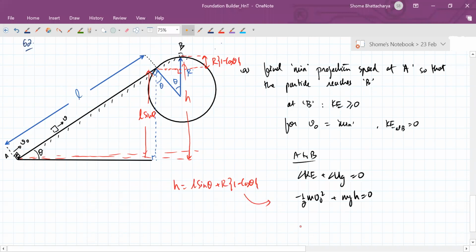So we substitute that here. So v naught should be equal to square root of 2gh, or square root of 2g into L sine theta plus R into 1 minus cos theta. This will be that minimum speed. So that's your answer to part 1, part A.